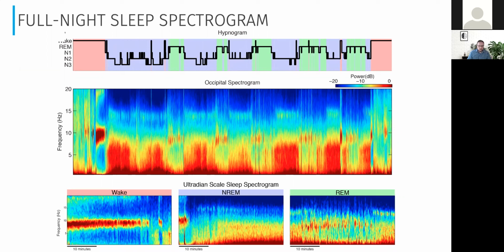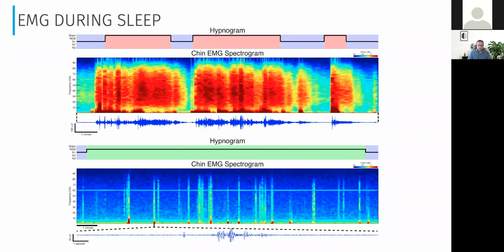Now, finally, just to wrap this up, you don't have to just look at the EEG signal. You can look at the EMG signal. And you can look here, this is the chin EMG during wake, and you see this broadband activity, and then you compare it down to the bottom to the little twitches that you get during REM.